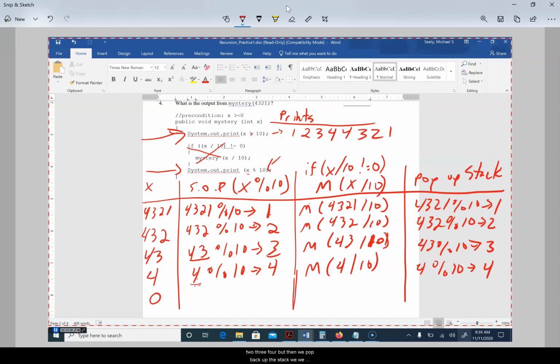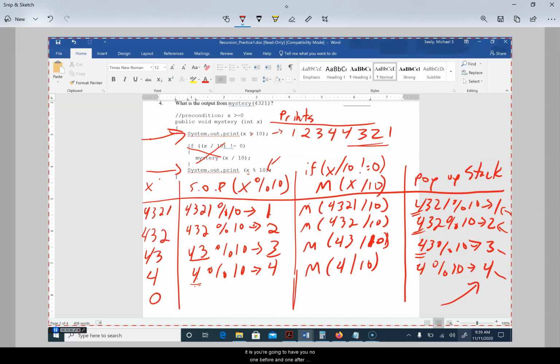But when we pop back up the stack, we still have to ask, what's the value of x at this spot? It was 4. At this spot, 43. At this spot, 432. At this spot, 4,321. When we pop back up there, it would print 4, 3, 2, and then 1. And so that's where this second piece comes from.